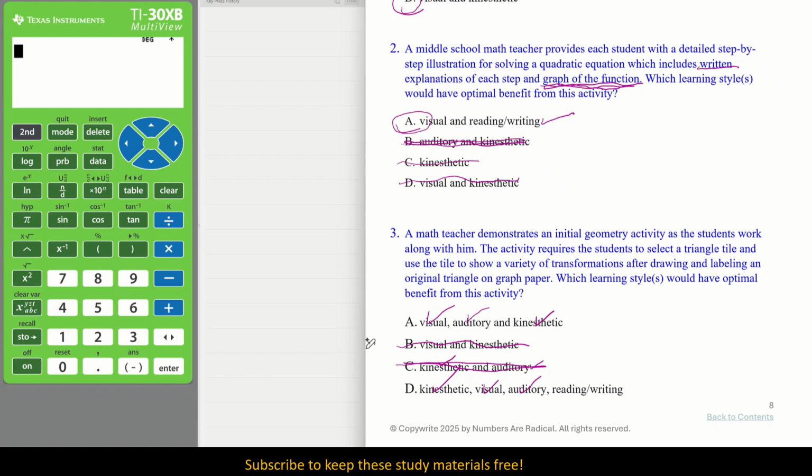That'd be a pretty big activity too. And the fact that it says right here, initial geometry activity, we're at the first. They're not ready for all that writing yet. They'll gain the expertise for that, but not right now. So I would say A would be our best bet in this situation. I'm going to get rid of these so you can compare. Okay. All right, let's go to number 4.